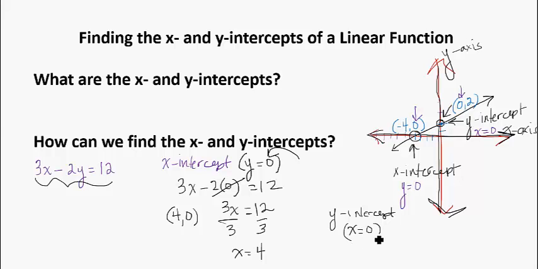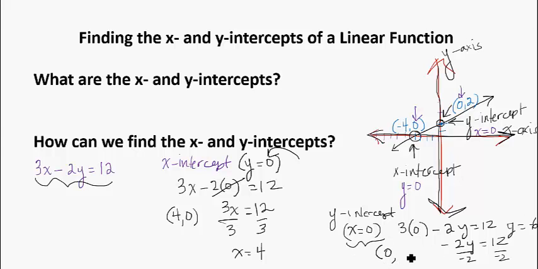So we can use that fact here and substitute it in. 3 times 0 minus 2y is 12. 3 times 0 gives me 0. Negative 2y is 12. Divide by negative 2, and y is negative 6. So x is 0 and y is negative 6.